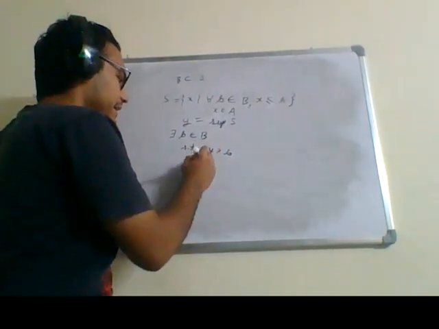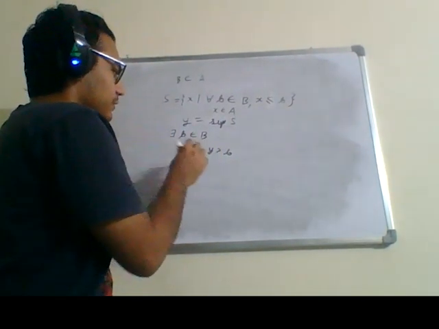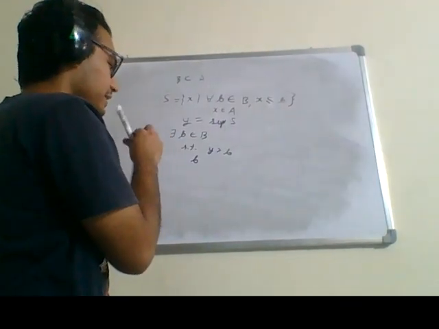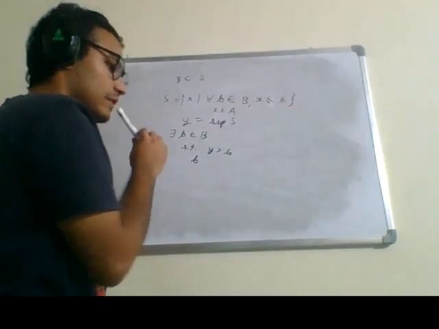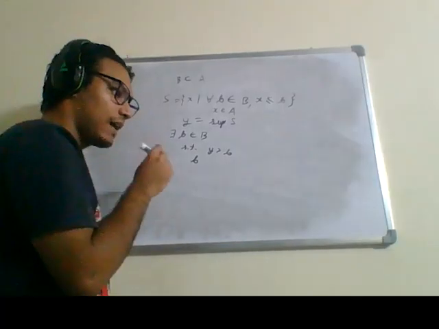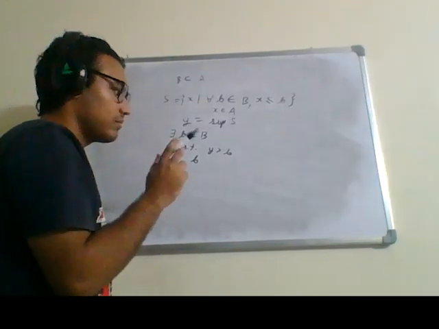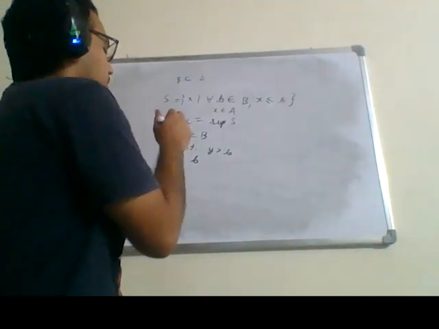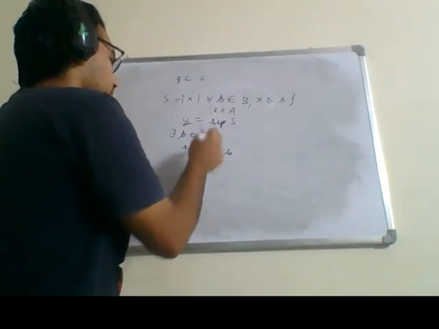Is b going to be a part of the set? We have to reach a contradiction here.